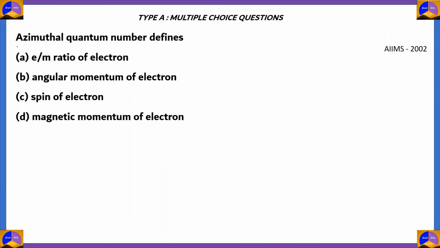Next question. The azimuthal quantum number defines E/m ratio of electron, angular momentum of electron, spin of electron, magnetic momentum of electron. Option D, magnetic momentum of electron. This is represented by the magnetic quantum number.